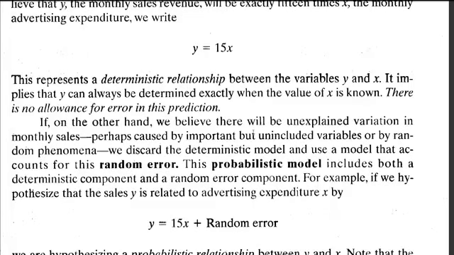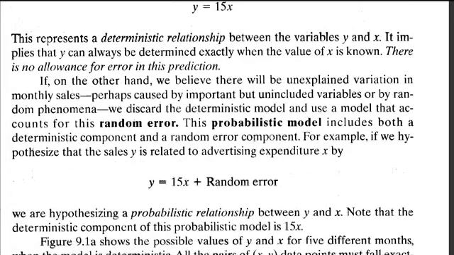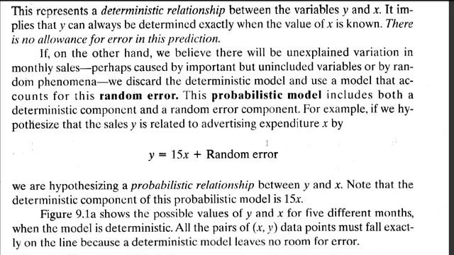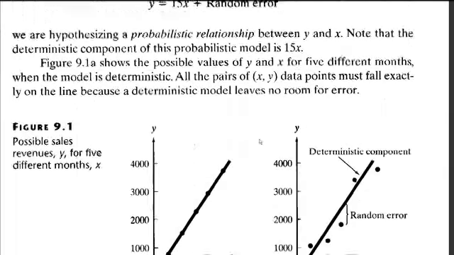For example, if we hypothesize that the sales y is related to advertising expenditure by y equals 15x plus the random error, we are hypothesizing a probabilistic relationship between y and x. Note that the deterministic component of this probabilistic model is 15x.